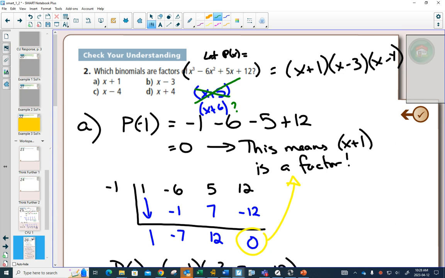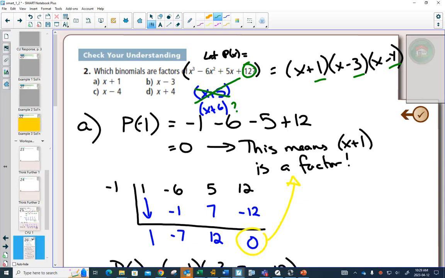And the hint is in the last number here, with the 12. Notice that the last numbers, when I multiply them all together, when it's factored completely, positive 1, a minus 3, and a minus 4, those all multiplied together give me 12.